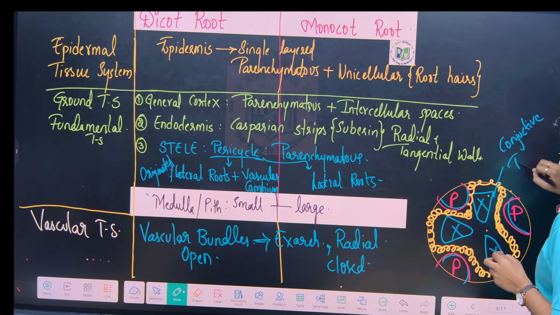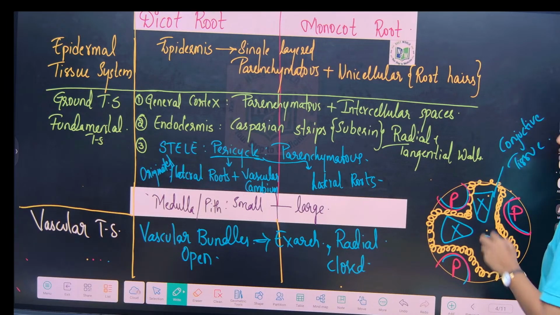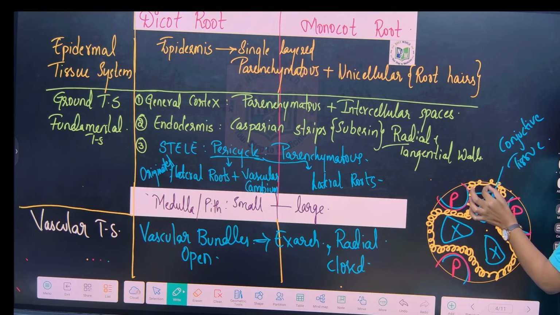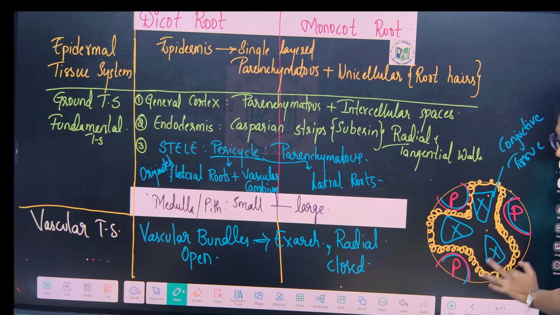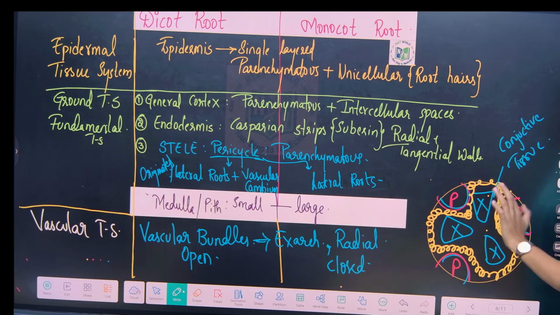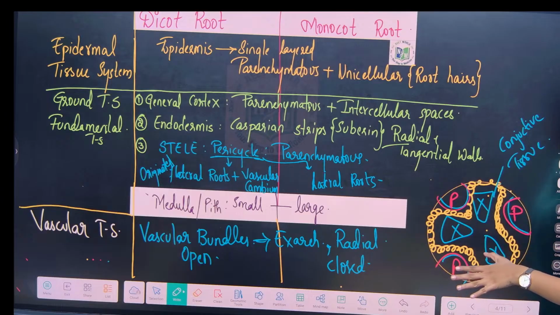From pericycle a few cells will become meristematic, and a few cells in the conjunctive tissue will become meristematic and start the cambial activity, the secondary growth activity. Understood or not? So this happens only in dicot roots, it is radial and open.